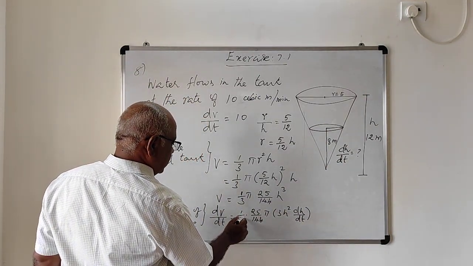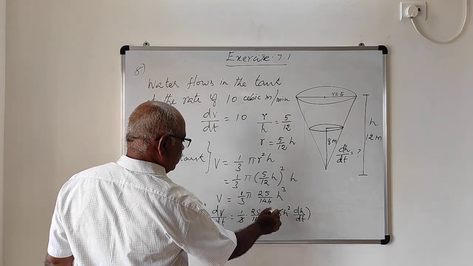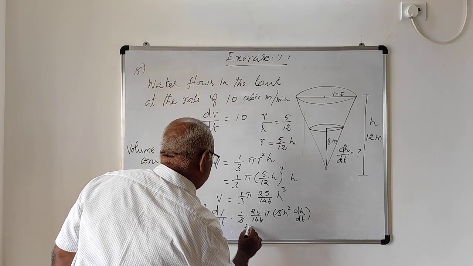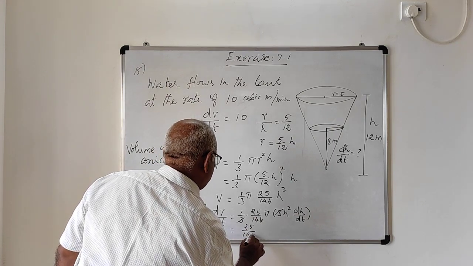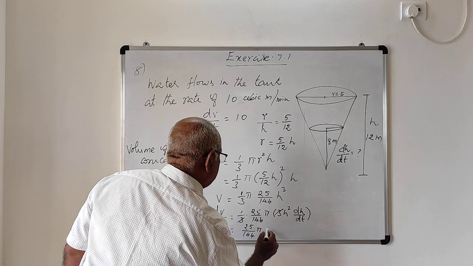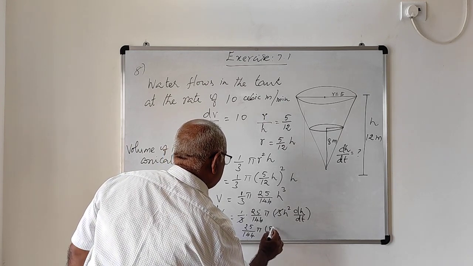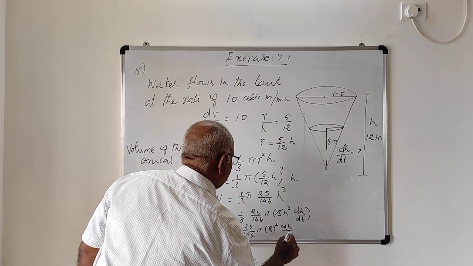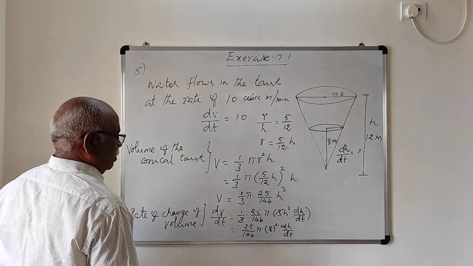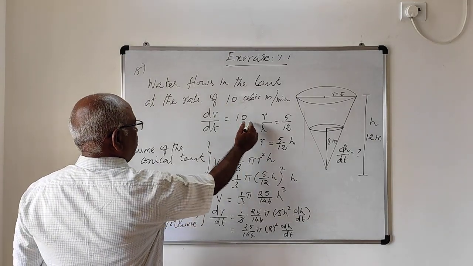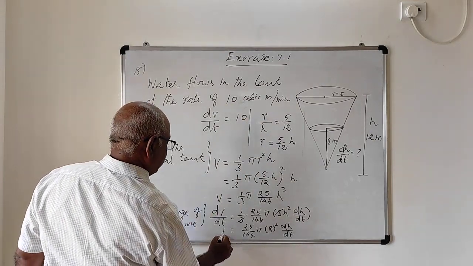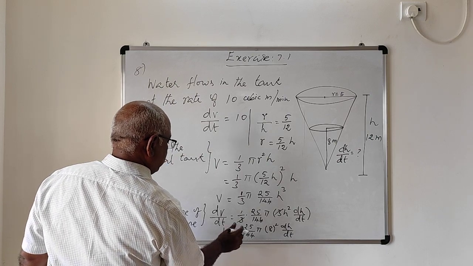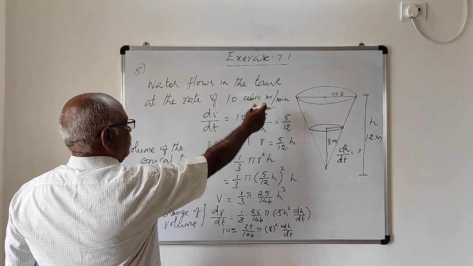So the 3s cancel, in both numerator and denominator. I will get 25 by 144 pi into h square, which is 8 square, into dh by dt. But dV by dt is given as 10 cubic meter per minute.